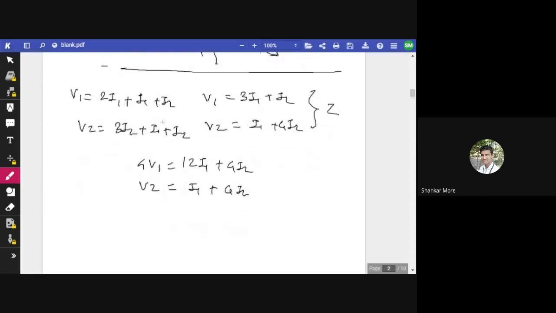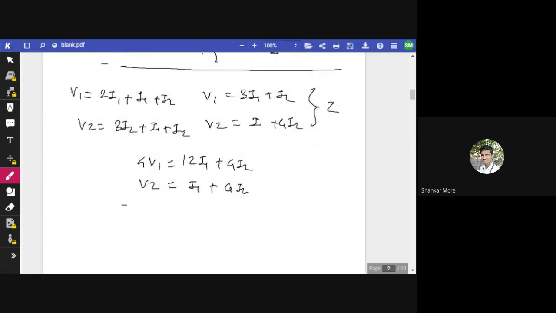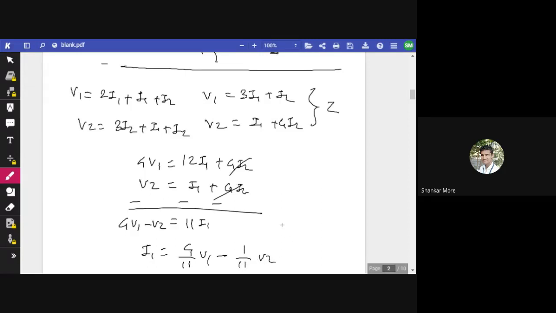Now we subtract, so the sign changes. 4I2 gets cancelled. 12I1 minus I1 is 11I1, which equals 4V1 minus V2. So I1 equals 4 by 11 V1 minus 1 by 11 V2.